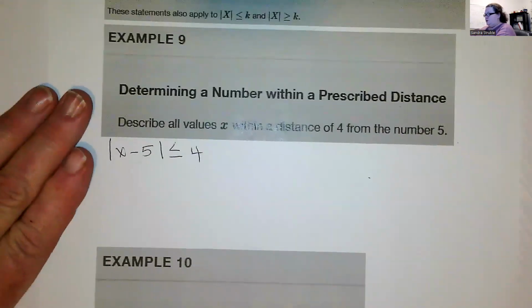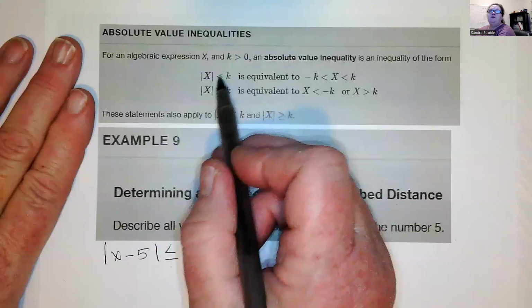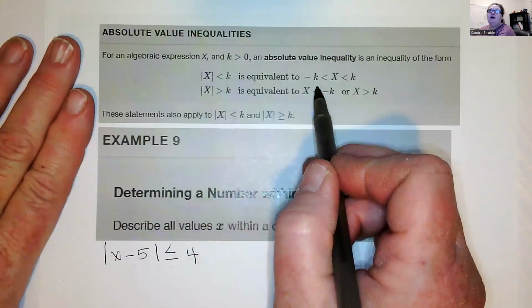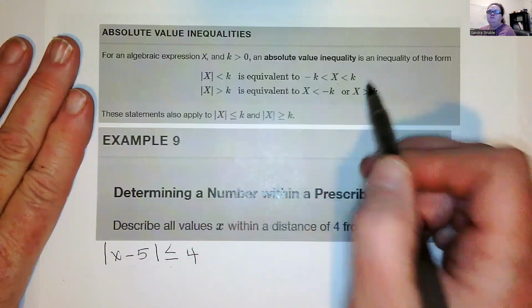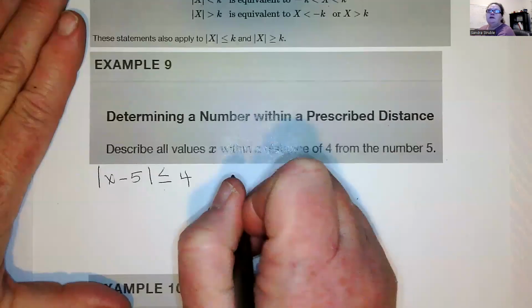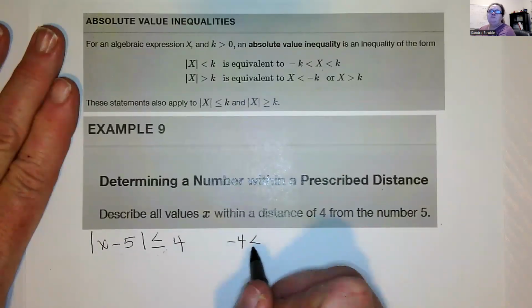Okay, so if we have a less than, let's use this up here now. Less than means we're going to have negative 4 less than x minus 5 less than 4. This is less than or equal though, because it has the equal sign.